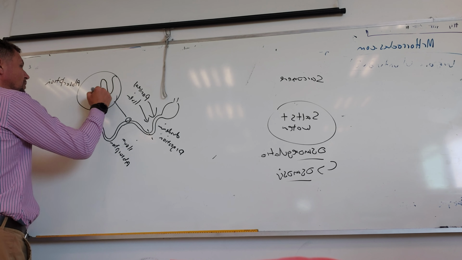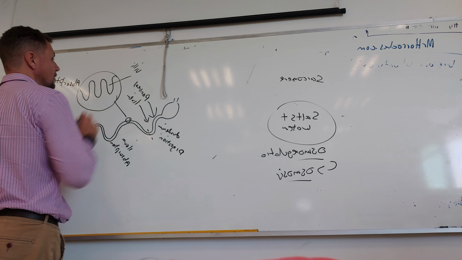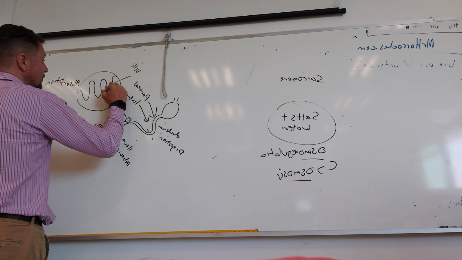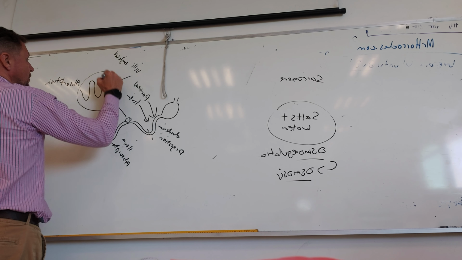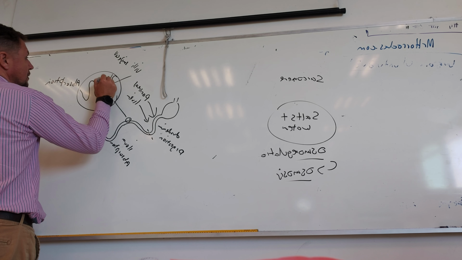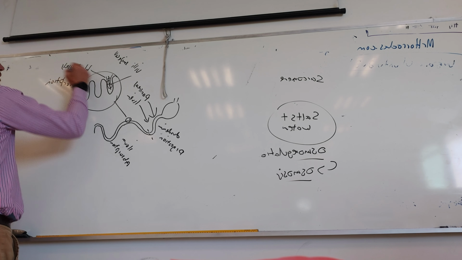It's designed for absorption because of these wonderful villi, with all their associated features. For example, they have a single cell layer. They've got lacteals in the middle. They've got blood vessels. All to make absorption effective.